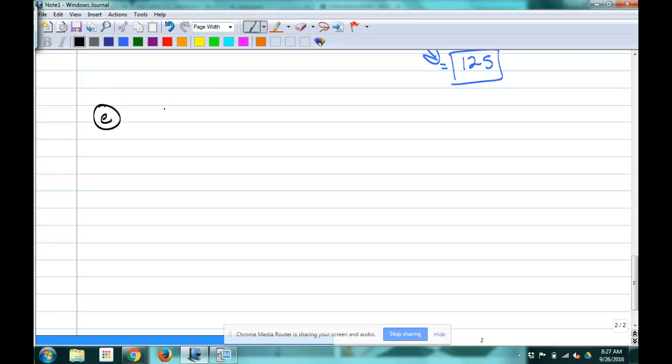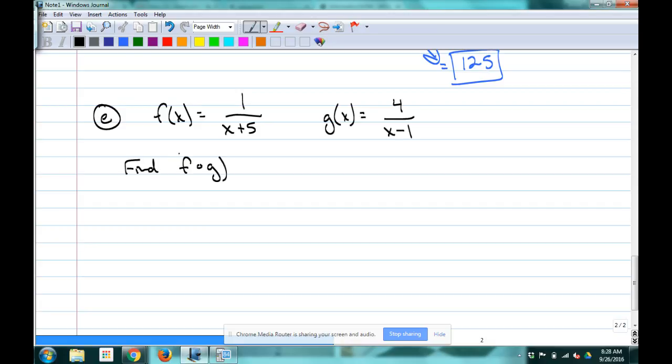Example E. Let's say our f of x function is this, 1 over x plus 5. And our g of x function is 4 over x minus 1. Some rational functions. We just got through with that. So, really good stuff going on there. We want to find f composed with g of x and state the domain.